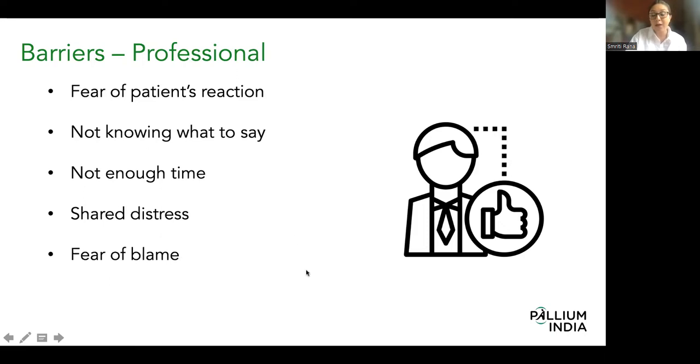And fear of blame. Lately, you might have noticed how much antagonism and violence there is against doctors and healthcare providers. We've seen that happen in so many situations where suddenly it'll be on the news that some doctor got beaten up, some nurse was abused, somebody or the other went after this healthcare team.